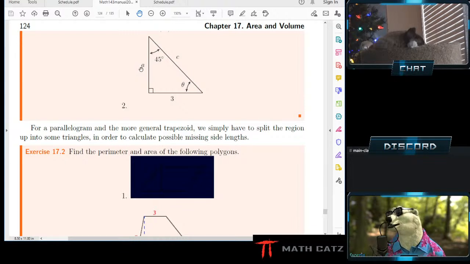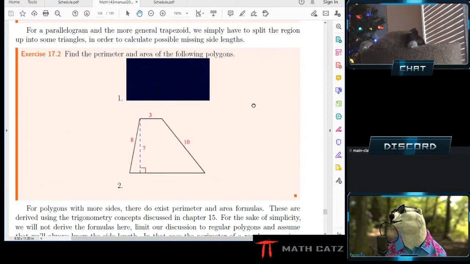Then I can go Pythagoras to find c, or I can use the sine function, because it's opposite over hypotenuse, find c, and add them all up. If you're not sure, give it a shot. Show me how far you got, and let me know. But I'm pretty sure, based on what we've done before and our trigonometry chapter, we can handle that, and we should.